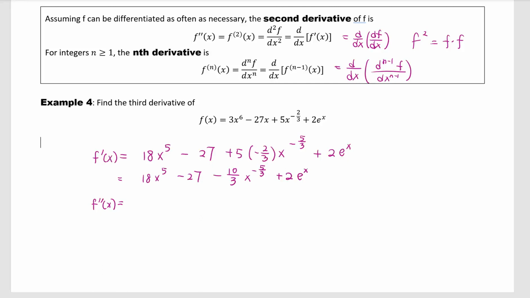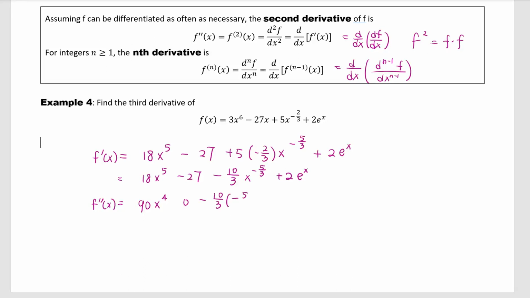How about the second derivative? 5 times 18 is 90, x to the 5 minus 1, 4. The derivative of a constant is 0. Then 10 over 3 stays there.